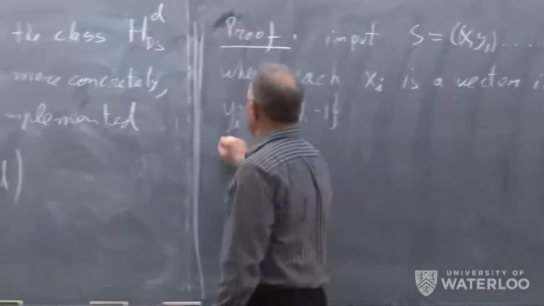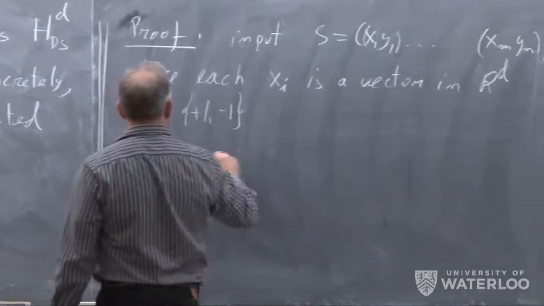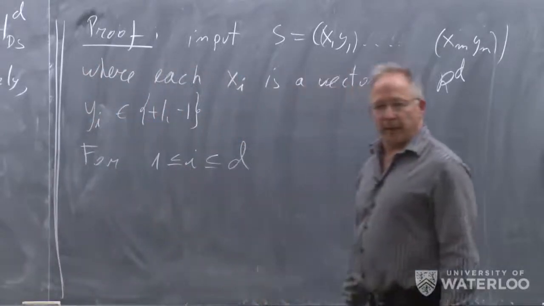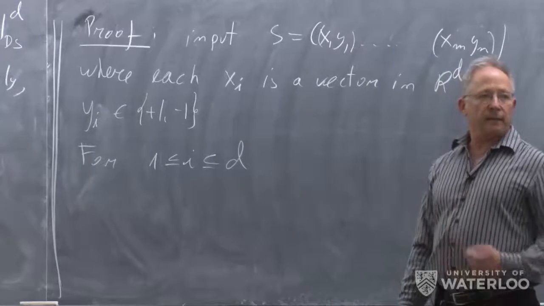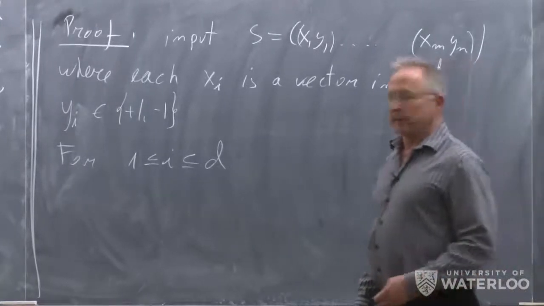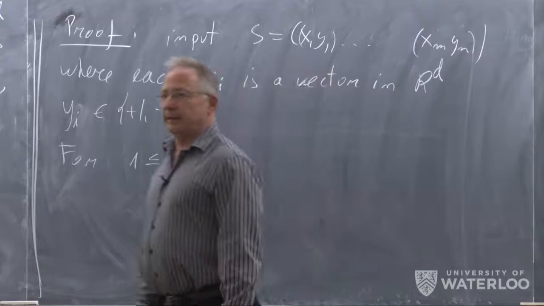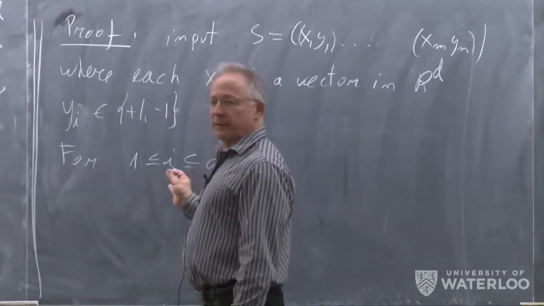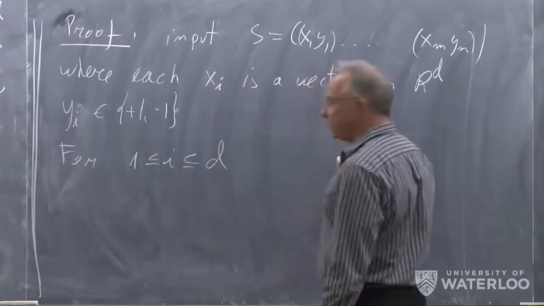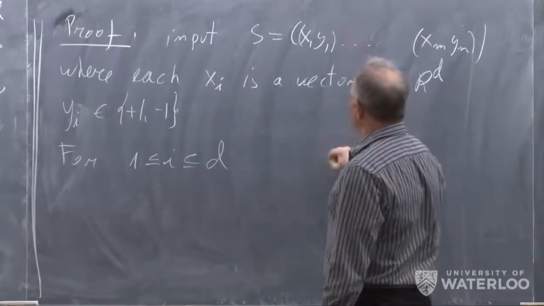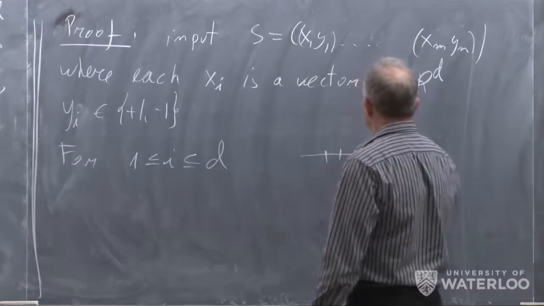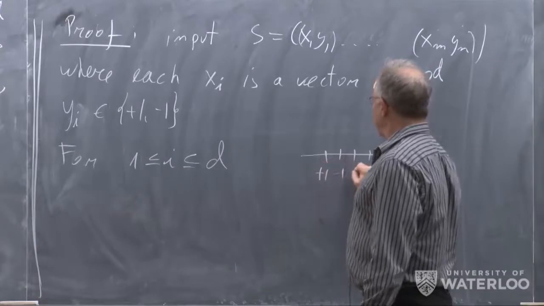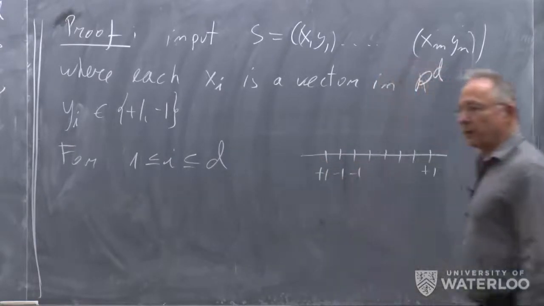So for i going from 1 to D, I want to handle the dimension i, project the data on this dimension, and consider the best h_i, the best threshold function on this dimension. When I project the data on a dimension, I have my sample points, all projected on one dimension. They look like this, and they are labeled +1, -1, -1, +1, and so on.